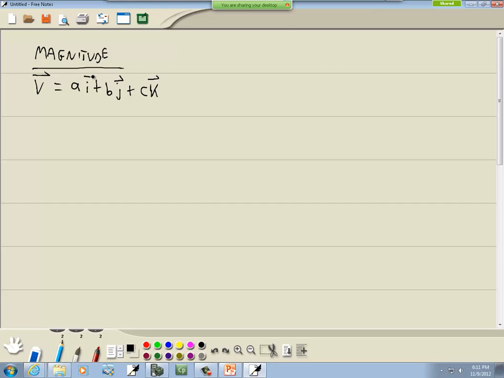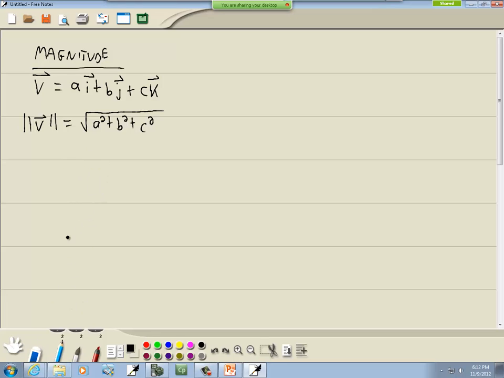The i, j, and k, of course, are unit vectors. Your magnitude of v is going to equal the square root of a squared plus b squared plus c squared. That should get us ready for a problem now.